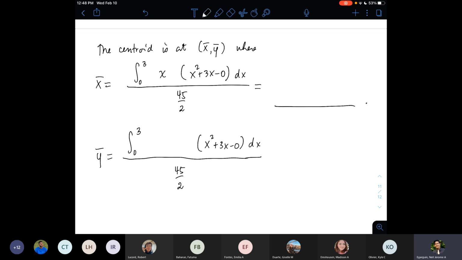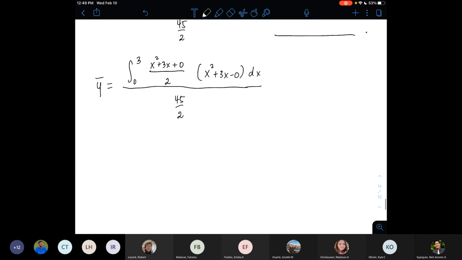But again, the average y value is the average between the top and the bottom function. The top function is negative x squared plus 3x, plus the bottom function is 0, all over 2. And then you can simplify this as 2 over 45 times 1/2 integral from 0 to 3 of negative x squared plus 3x quantity squared dx. Or if you want, if you're using the second formula that I wrote earlier, this will look like this. And that's what you want to evaluate.